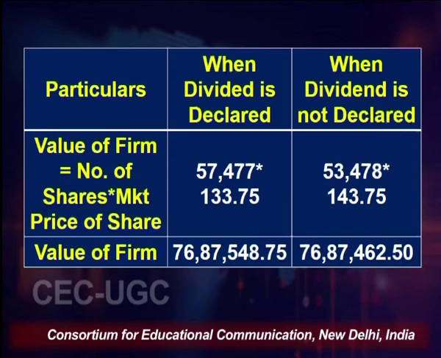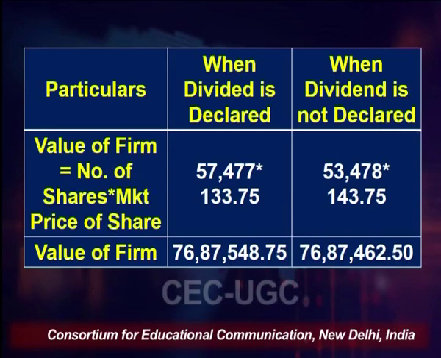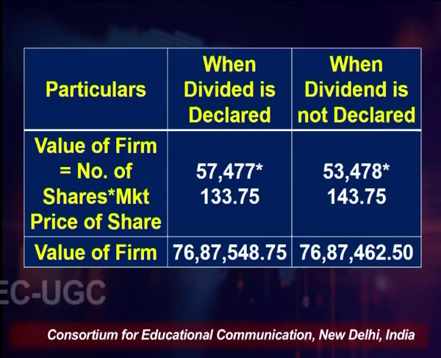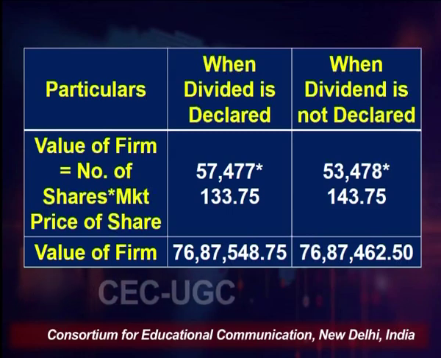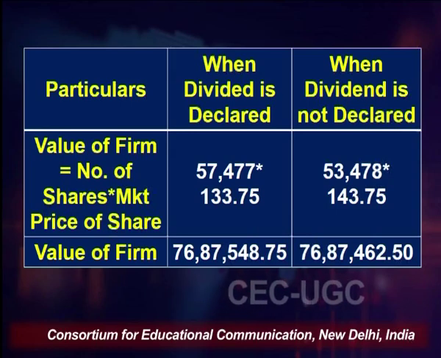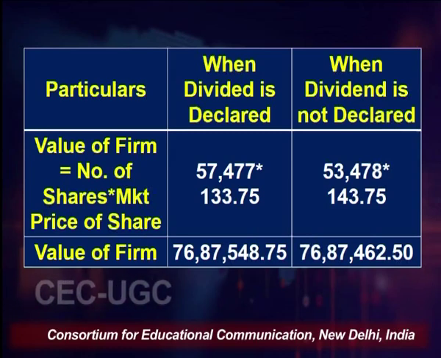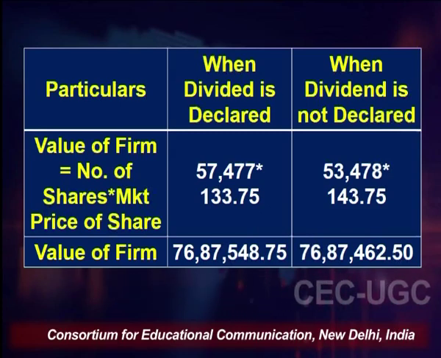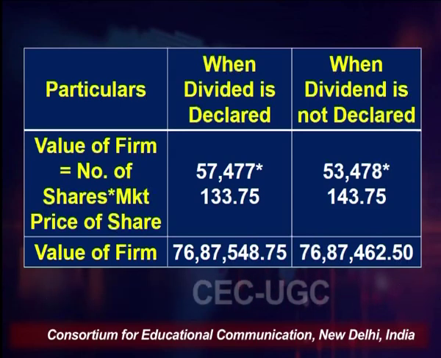While in the second case we have a total number of shares as 53,478, which is multiplied by 143.75, which is the expected market price of the share in case 2, and the value of the firm will be 76,87,462.50. So, from this we can see that the value of the firm is almost similar in both the cases.